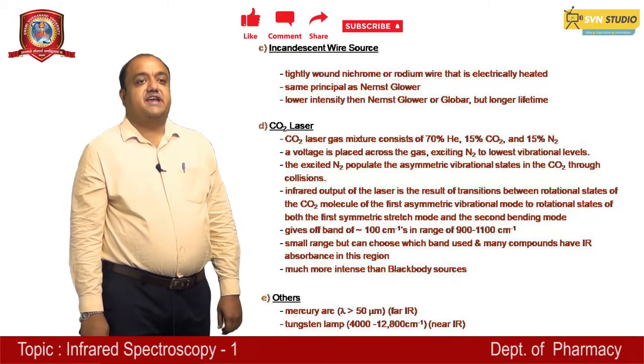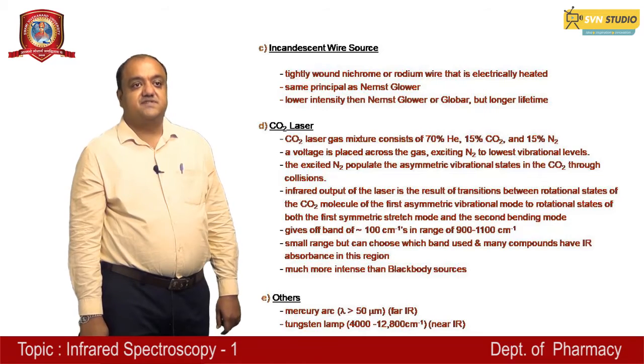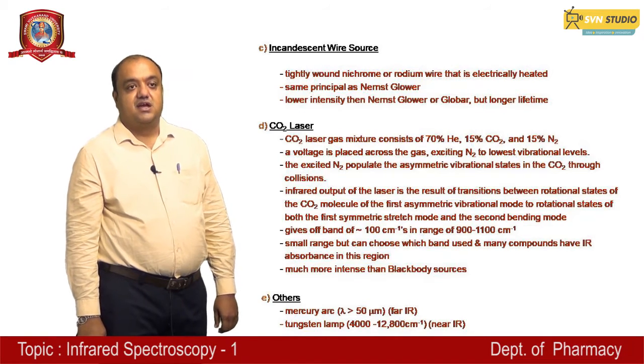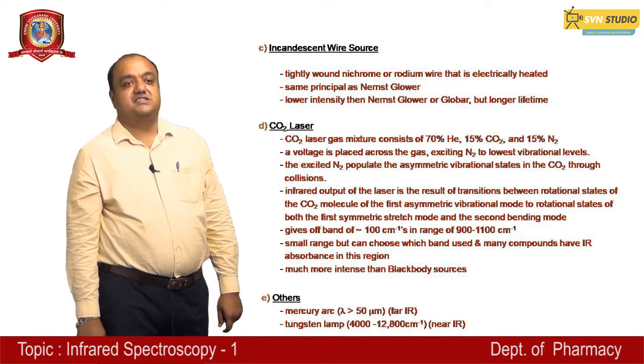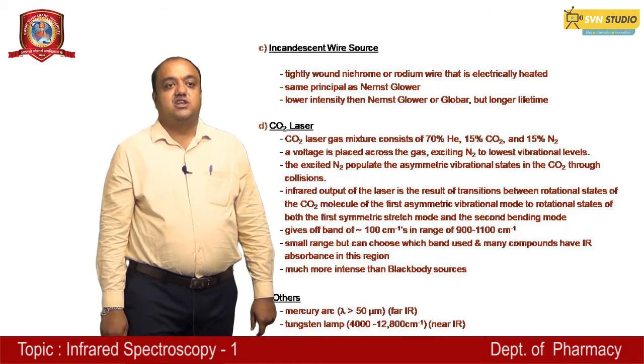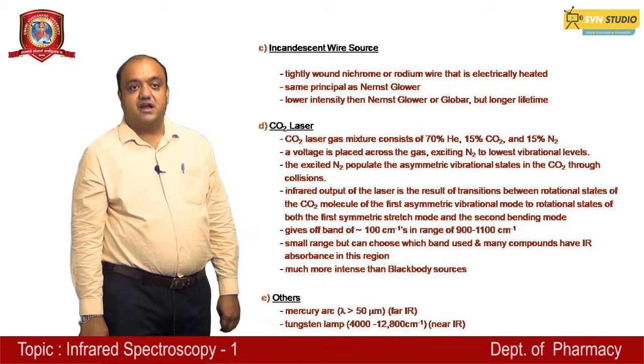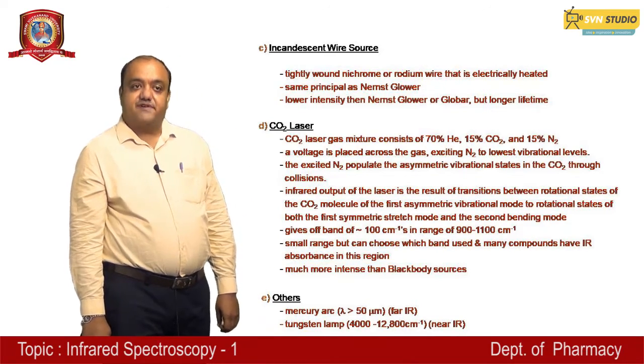Other sources are the incandescent wire source, which is tightly wound nichrome and rhodium wire that is electrically heated, with the same principle as the Nernst glower, requiring lower intensity than the Nernst glower and globar but with longer lifetimes.